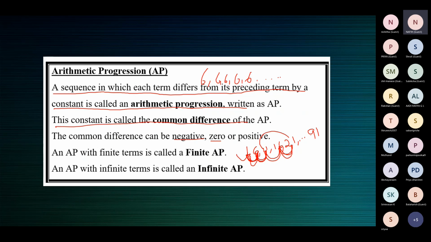It can be negative, it can be positive. If you write the same sequence in the reverse order, 21, 16, 11, the common difference will become negative. You can form some other sequence where the common difference is negative, but I'm just telling you that if you write the same sequence in the reverse order, the common difference will become negative.